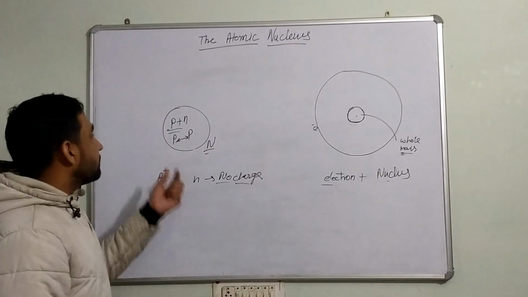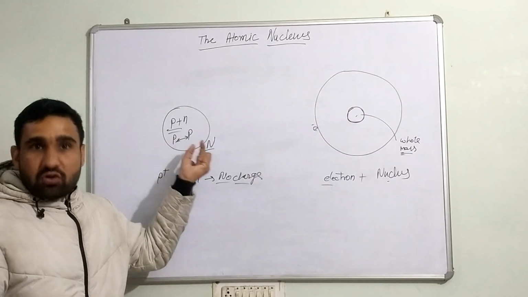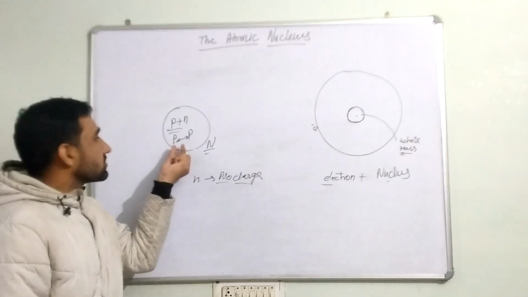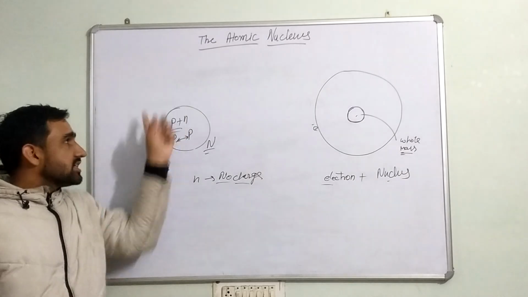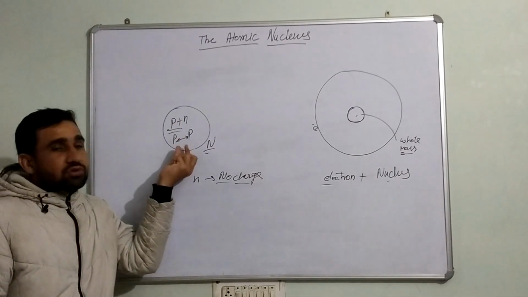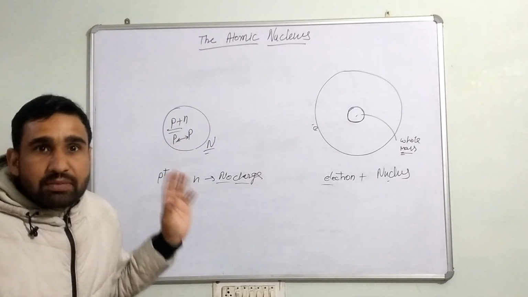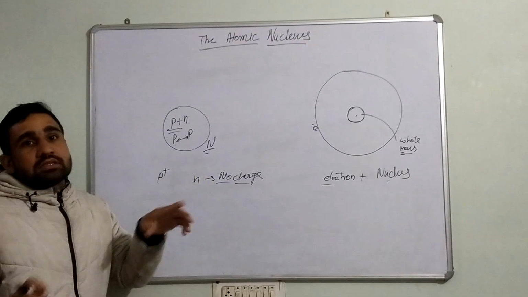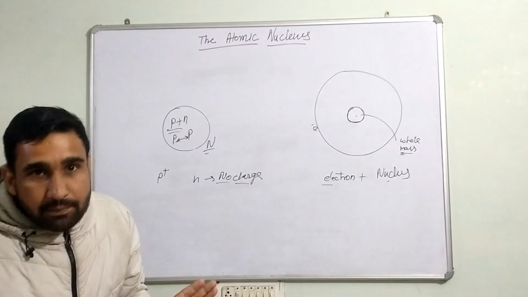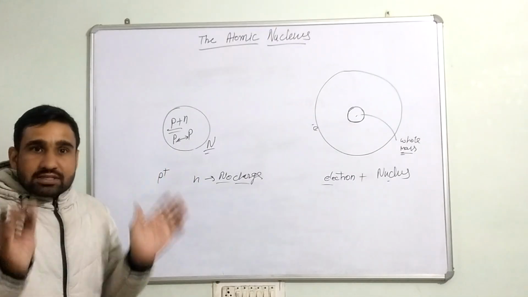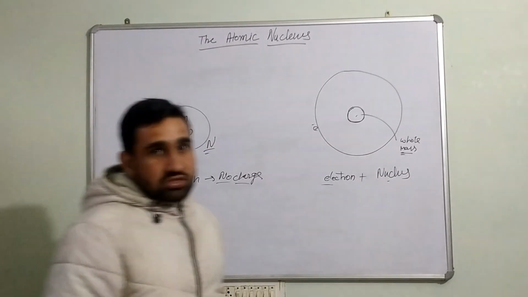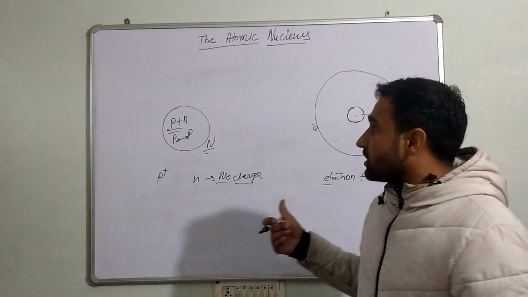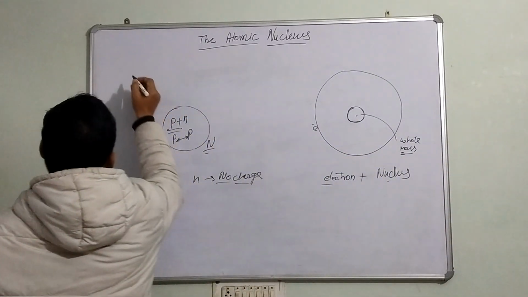Due to the electrostatic force there is a repulsion, so there should be a breakup of this nucleus, or these protons will move apart. But in this nucleus the protons do not move apart. It means there is another force which binds them, the strong nuclear force, which binds the nucleus and is the strongest force of nature.